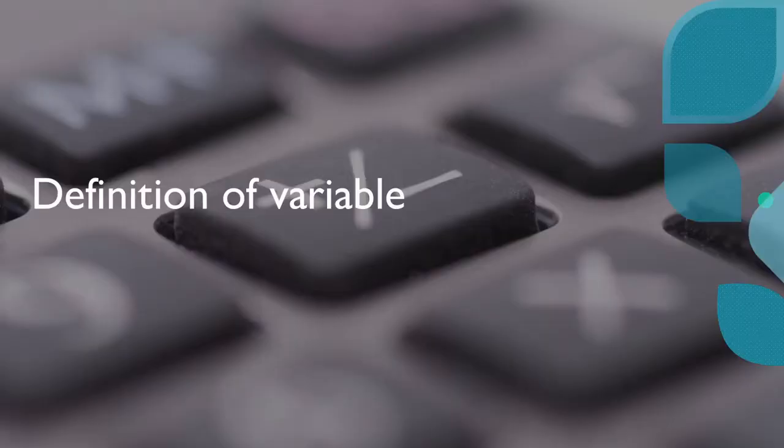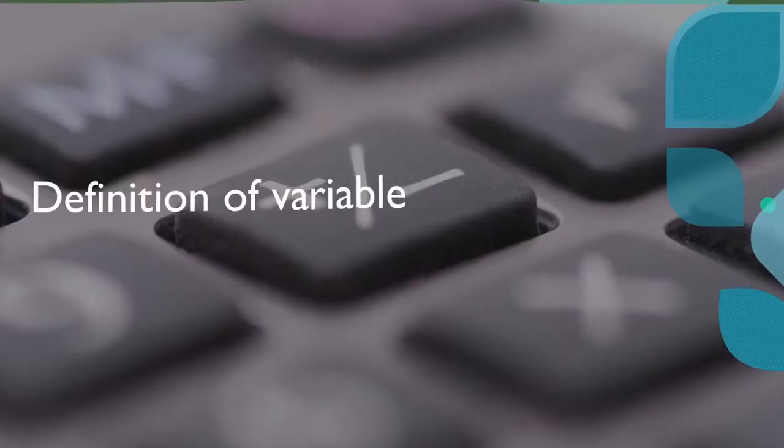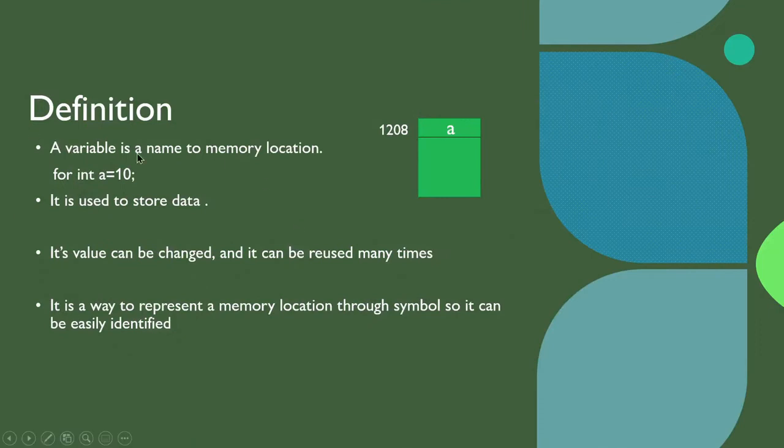Now let's see the definition of a variable. A variable is a name to a memory location. For example, take integer a equal to 10. Here integer is a data type, as we discussed. So a is a variable name, and this 10 is the value assigned to this variable.